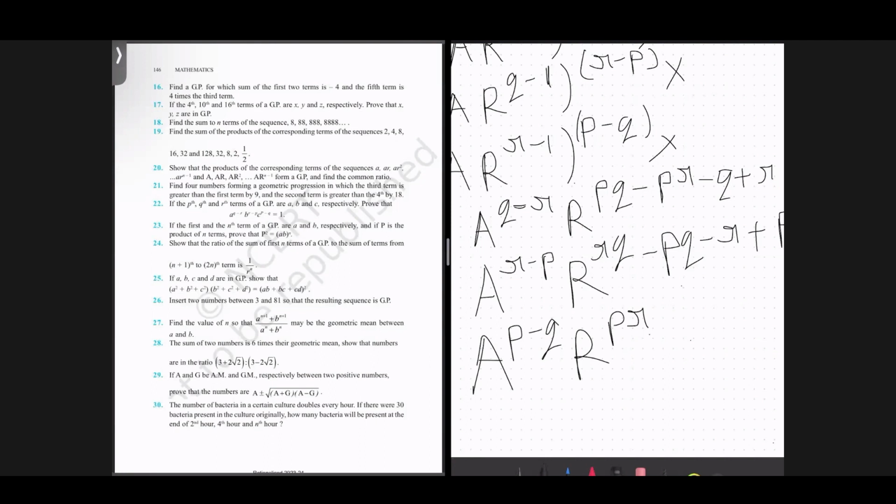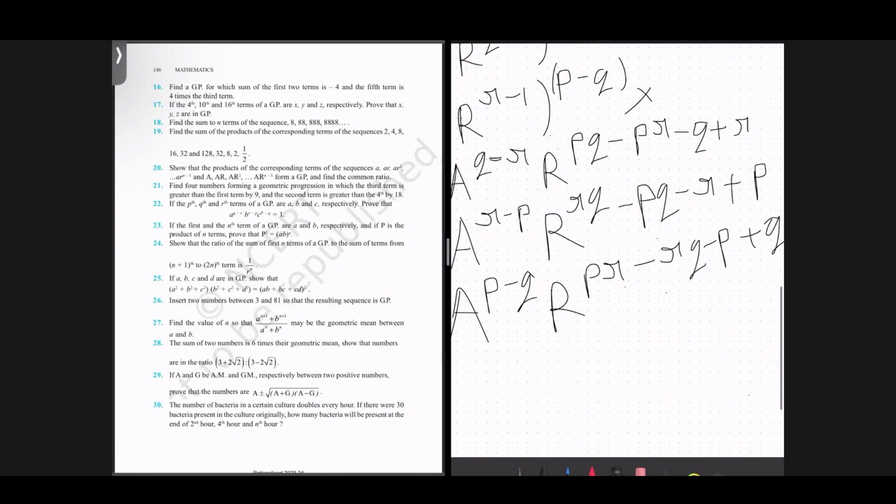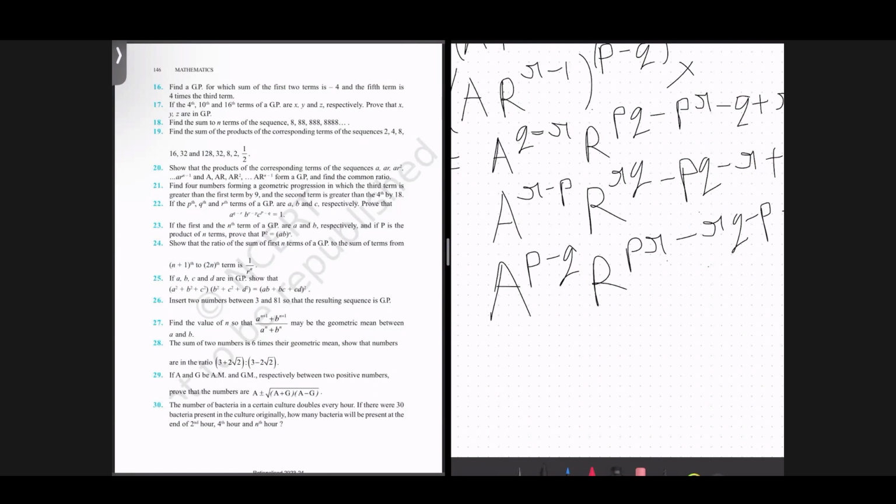You multiply this carefully. So you have PR minus RQ. You also have minus P, and you have plus Q, right? So we have all these terms in the power. All these terms are in multiplication as well, so you can just add all these powers up and let's see what we get then.